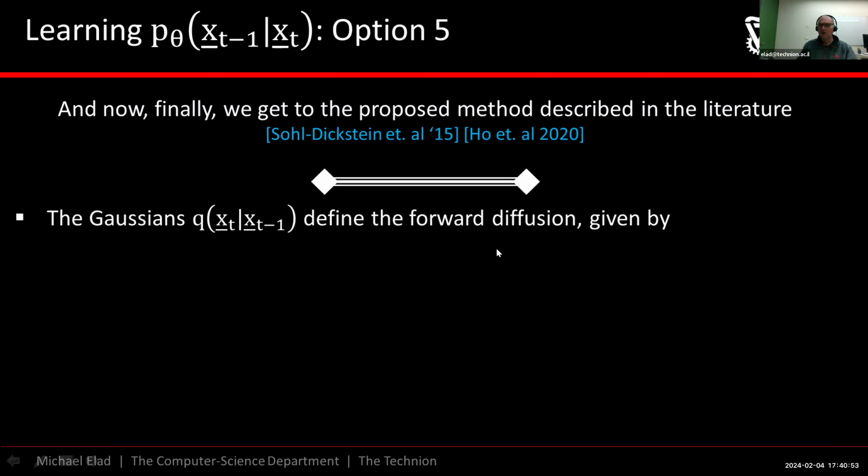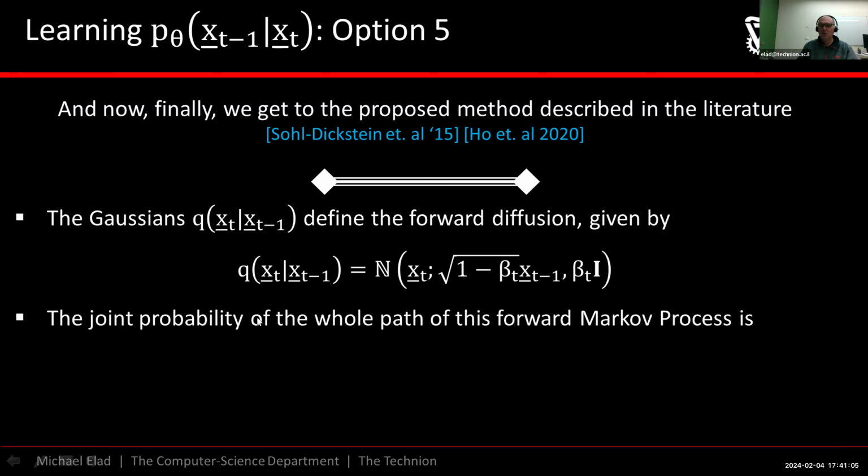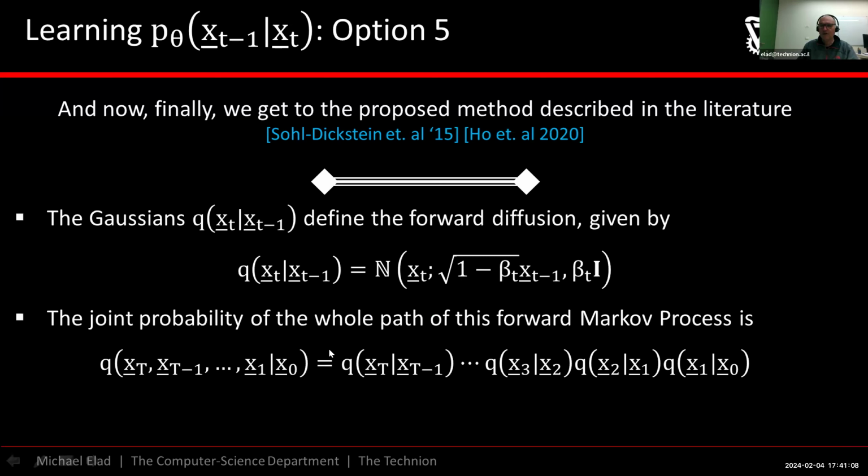Okay, so a little bit of notation to make things clear. We spoke about those forward Gaussians that take us from xt minus 1 to xt. We know exactly how they look. This is it. We can talk about the probability density function of the complete path that starts from x0 all the way to xt. This is the joint probability of the whole path given the original image.